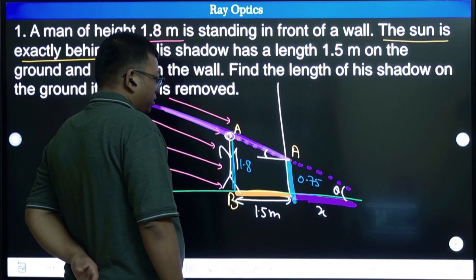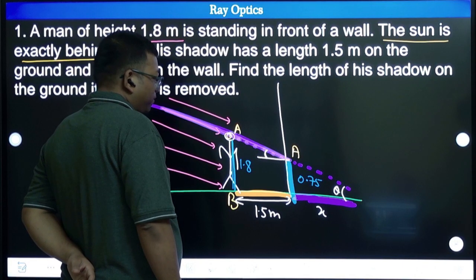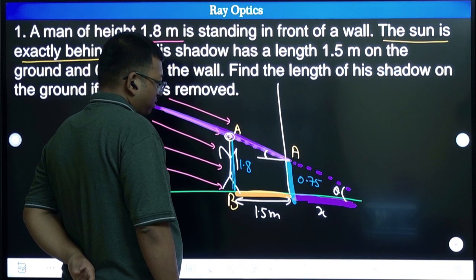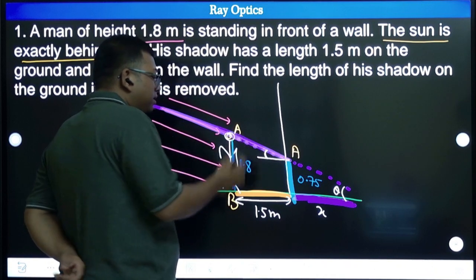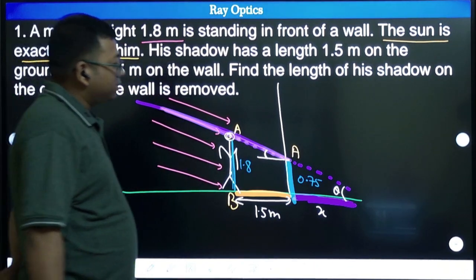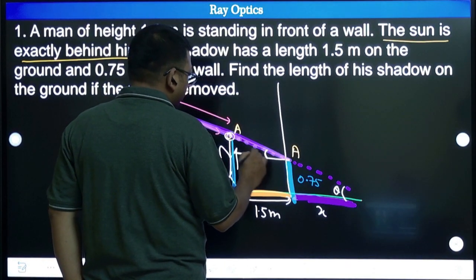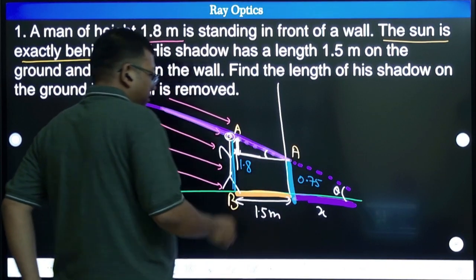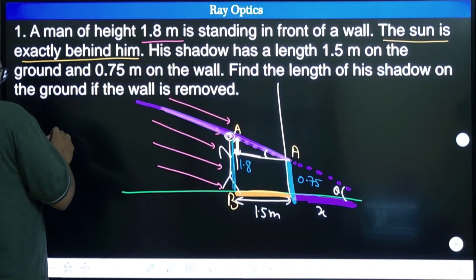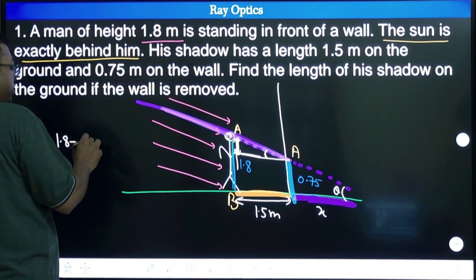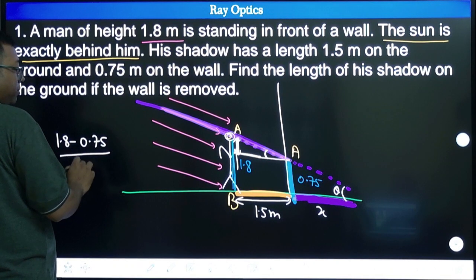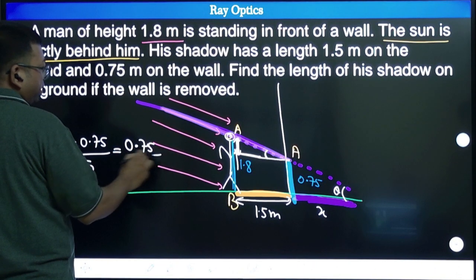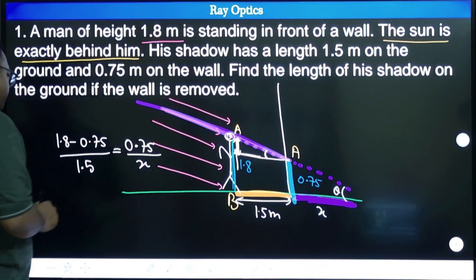You can equate it. 1.8 by, this tan theta you can calculate, and from there you can also calculate that. This divided by this and this divided by this, that you can do, correct. So 1.8 minus 0.75 divided by 1.5 is equal to 0.75 by x. Calculate this.